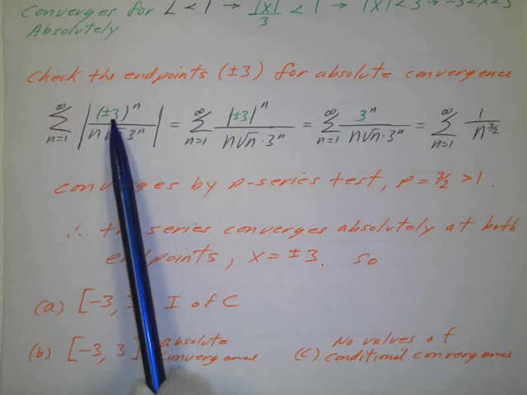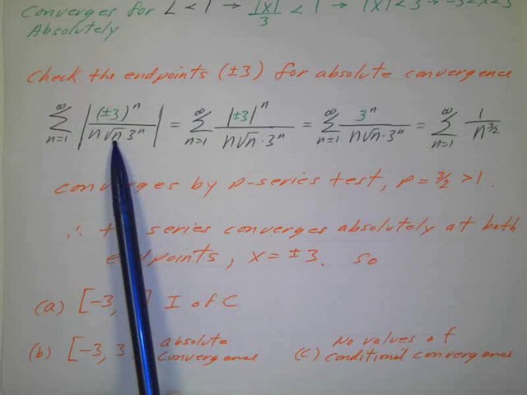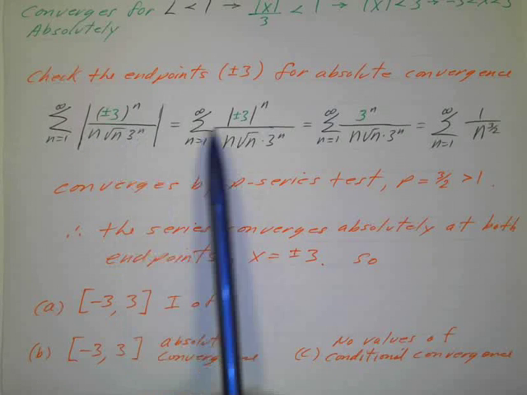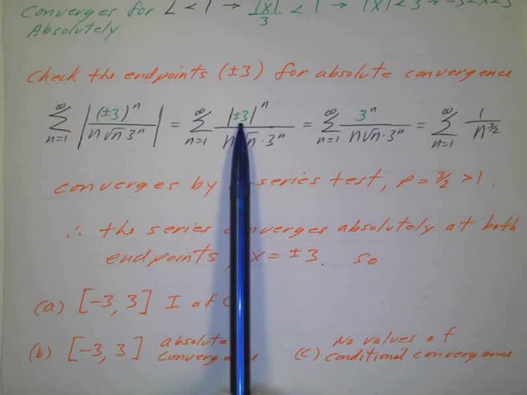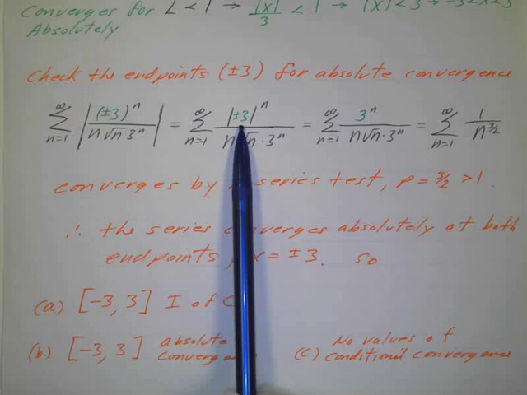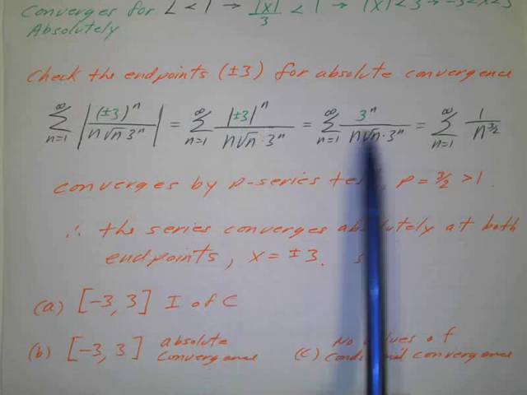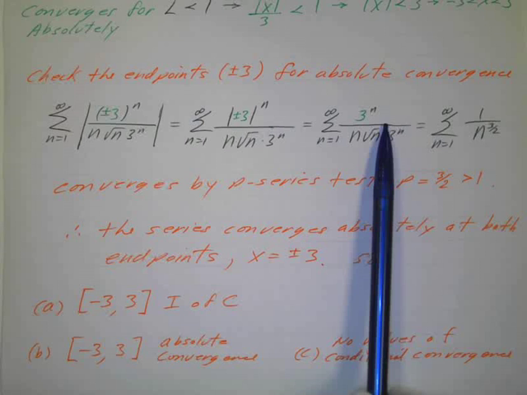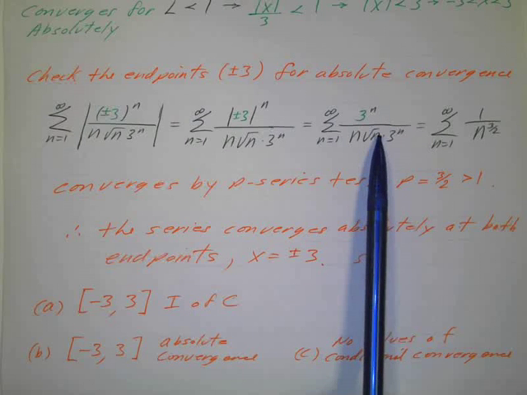The summation, I'll put plus or minus 3 in here to the n, the absolute value of that over all these. The only thing that's going to be really affected by the absolute value will be the plus or minus 3, because the n's are always positive. And the absolute value of plus or minus 3 is 3. So we make that into one term. Like I said, if we did it separately, they would both end up being this.